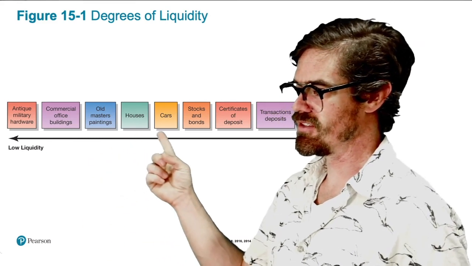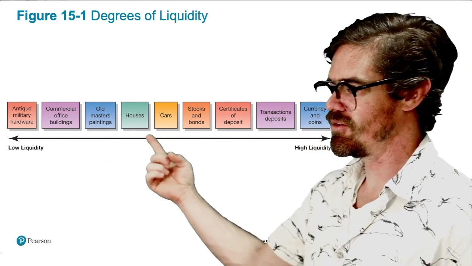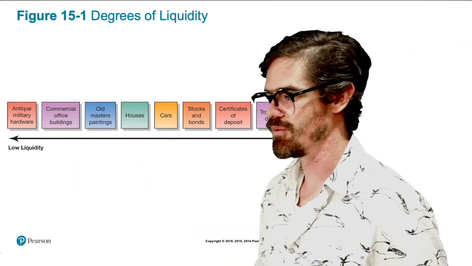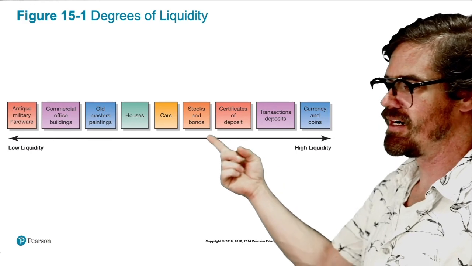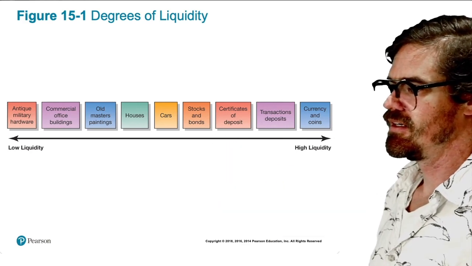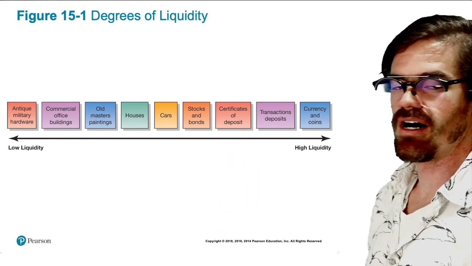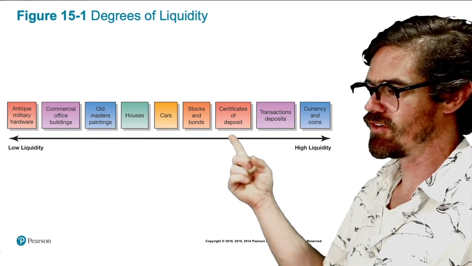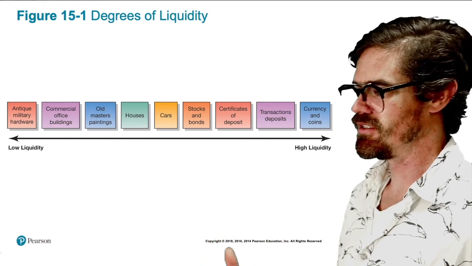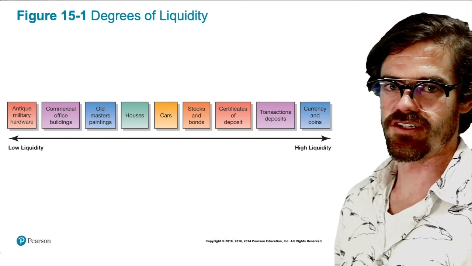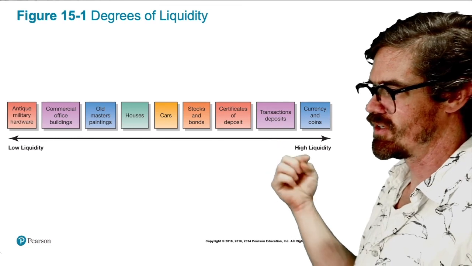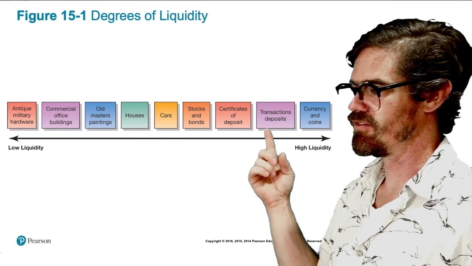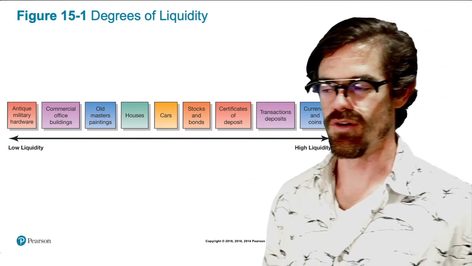I mentioned houses and cars, so a little bit more liquid than these old masters paintings or antique military hardware. Stocks and bonds are pretty liquid. CDs, certificates of deposit, are pretty liquid. If you have one of these and you want to convert it into cash, you can pretty easily usually, and only have to incur typically a very small transaction cost. Transactions deposits, which are basically like checking accounts, and of course currency and coins are the most liquid.